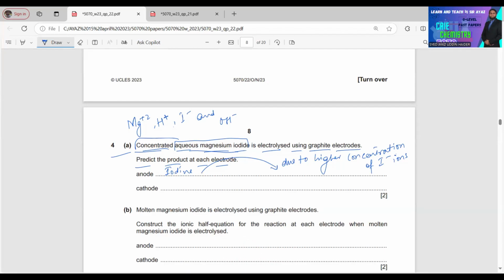Why? Even though the concentration of Mg+2 is high, hydrogen is below in the reactivity series, or hydrogen has high ease of discharge, low difficulty of discharge. On the other hand, Mg+2 has high difficulty of discharge or low ease of discharge, or it's highly reactive. So at the cathode, I will write hydrogen.